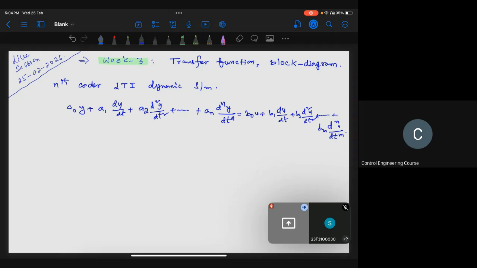In general, any dynamical system can be written as an nth order differential equation.